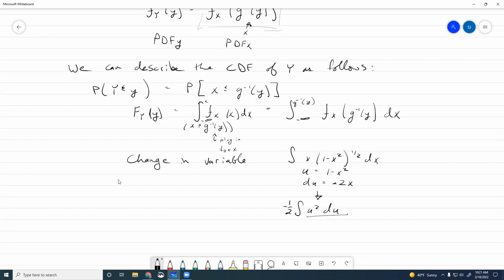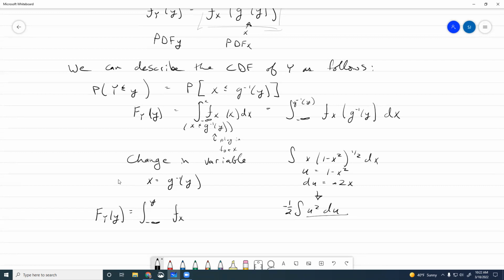So we can do that here. And in this case, we're going to say that x is the inverse function of y. And so I'll plug that in and we'll say that big F of y is equal to the integral from negative infinity to y.